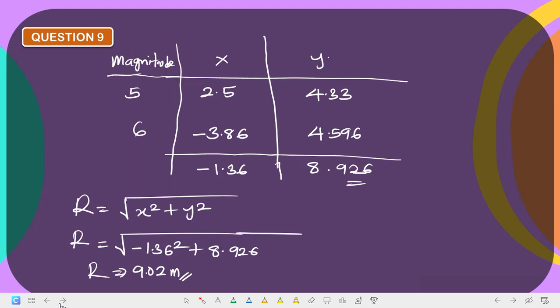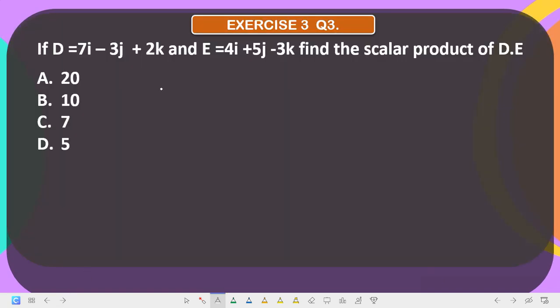Now let's look at the next. If D is equal to 7i minus 3j plus 2k, and then E is 4i plus 5j minus 3k.